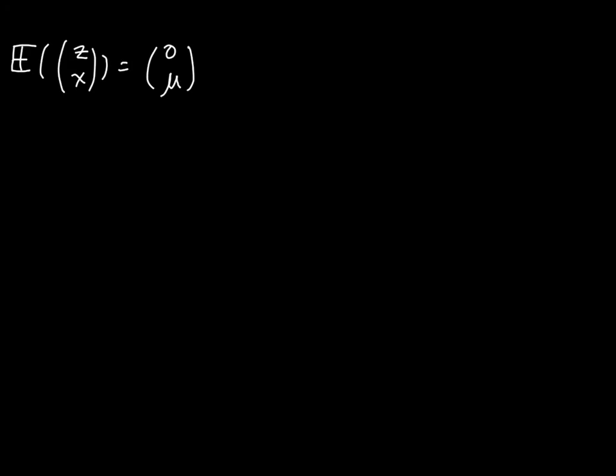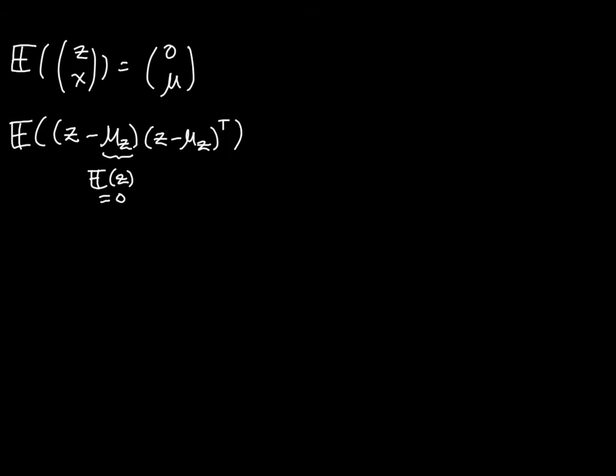Now we need to calculate the covariance of this matrix, right? So what is the covariance? Well, first we need to calculate the covariance of z, right? That means it's z minus mu z, and then times z minus mu z transpose. This just is the covariance matrix formulation. And what do we know about the mu of z? This is the expected value of z, right?